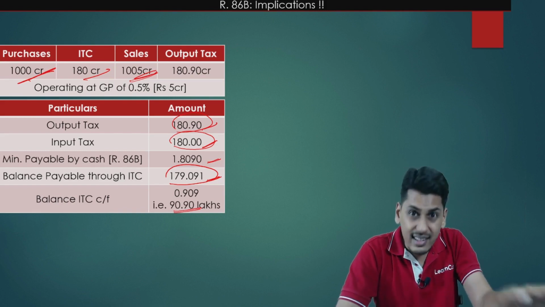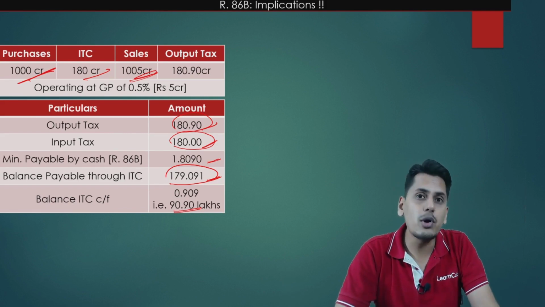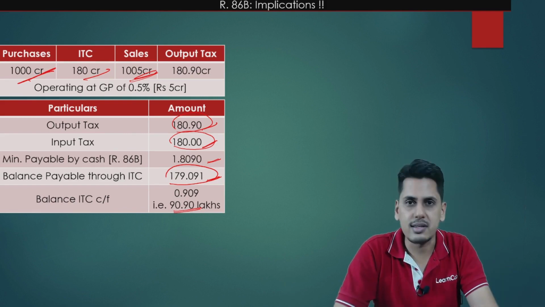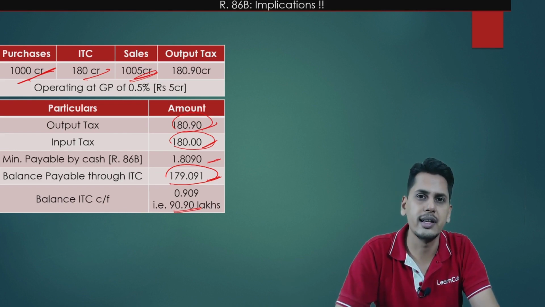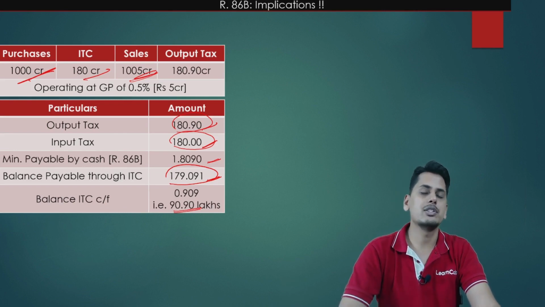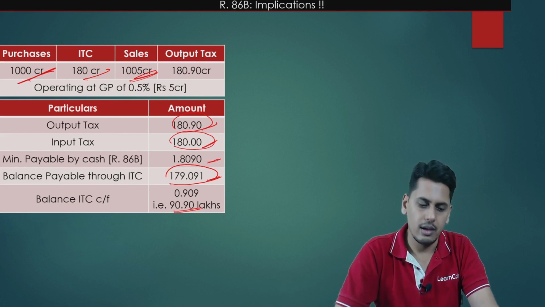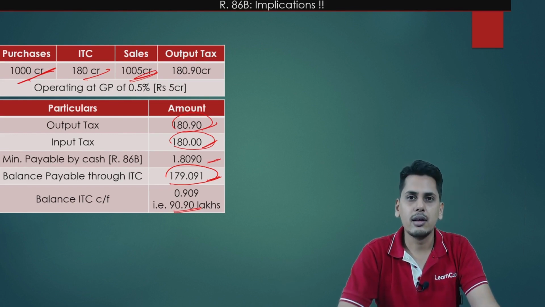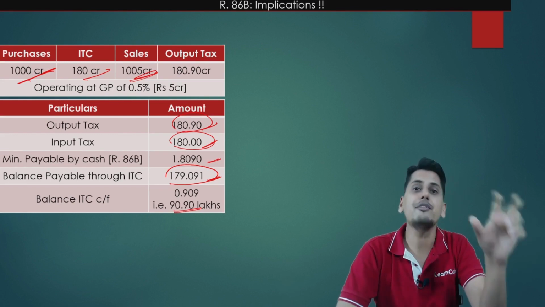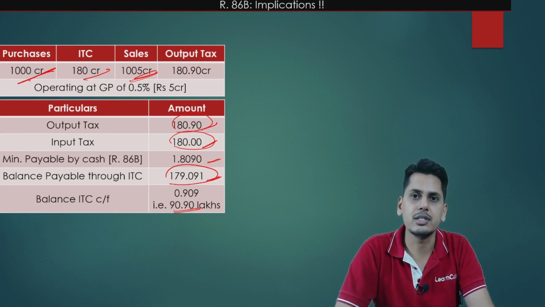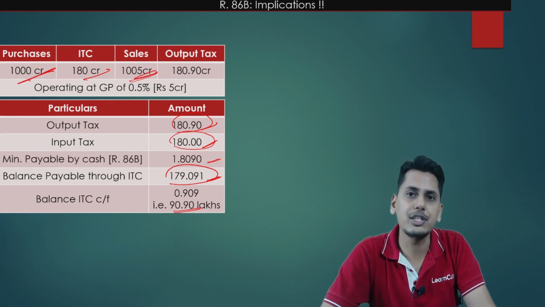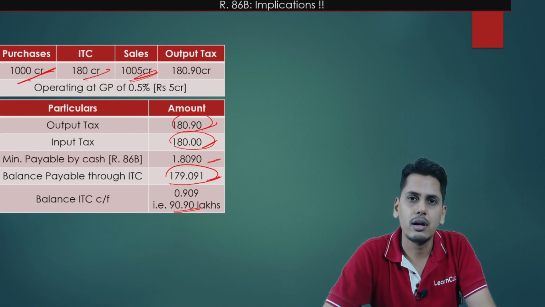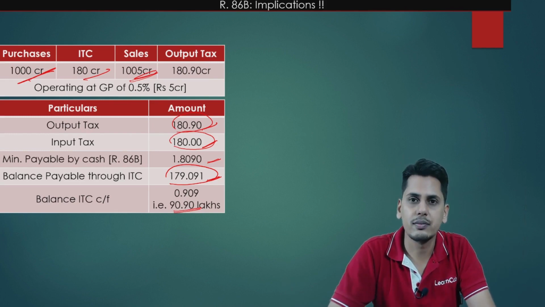Only when my gross profit margin is at least 1%. If my GP ratio is more than 1%, it is manageable. But friends, in an industry like mine, when the GP margin itself is 0.50%, and if you ask me to pay 1% from cash ledger, I am going to be at a loss.